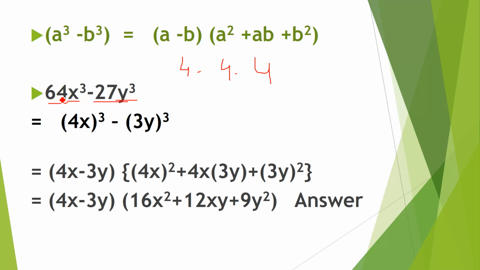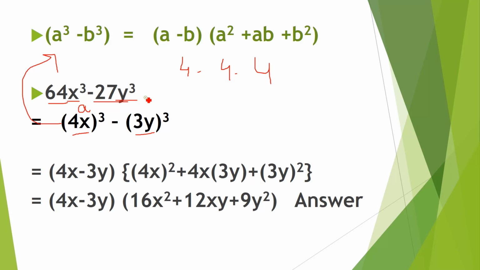So instead of 64x cube, you can write 4x whole cube, and minus 3y whole cube, and this is the requirement of our formula, a cube minus b cube. So this is now a and this is b. Wherever in this formula you see a, you have to write 4x.